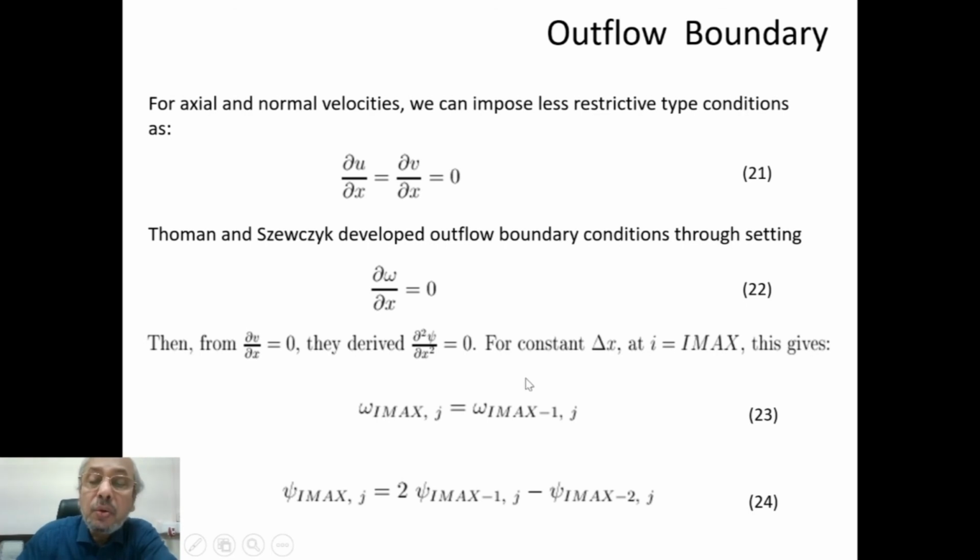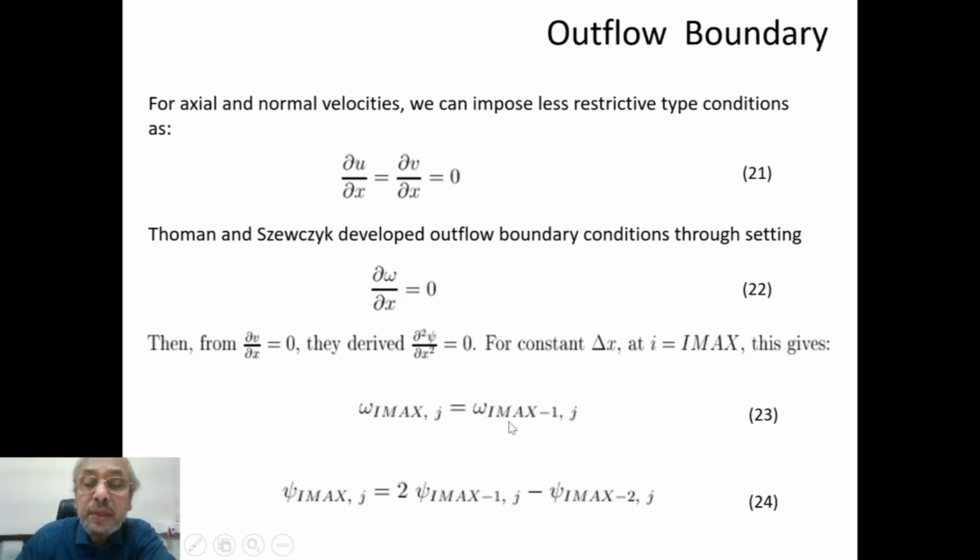If we go for setting up these conditions like del omega del x equal to 0 or del psi del x equal to 0, del 2 psi del x2 equal to 0, so what has been done?